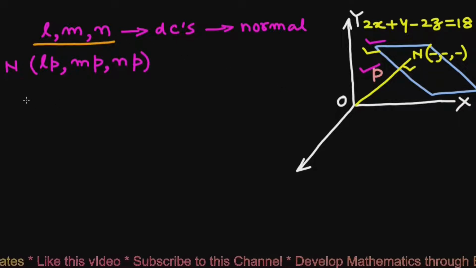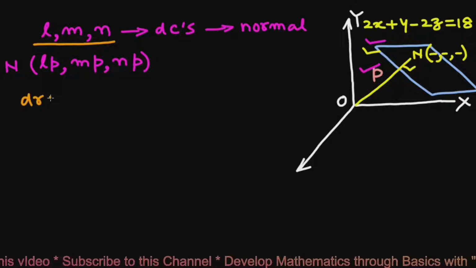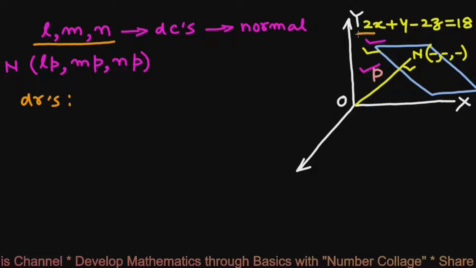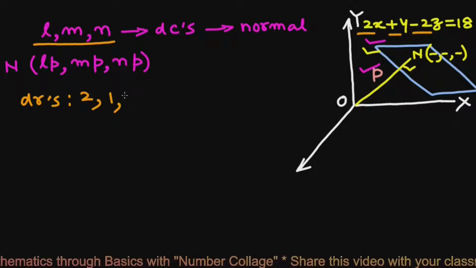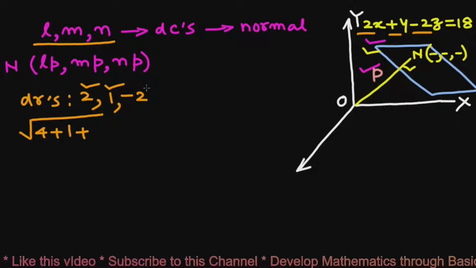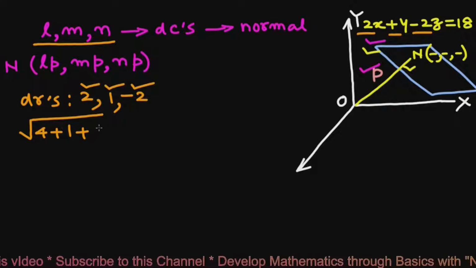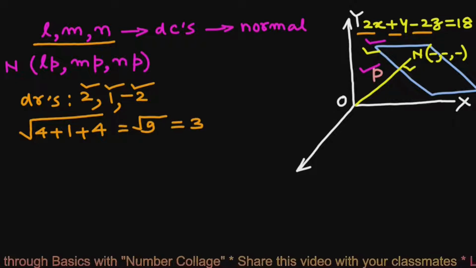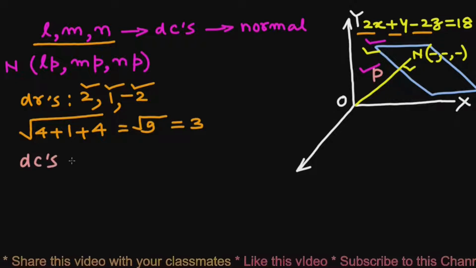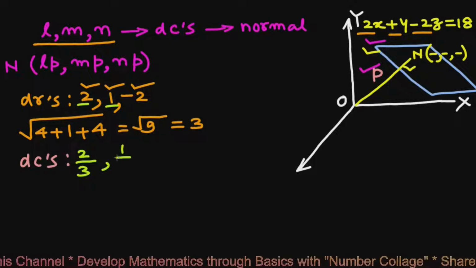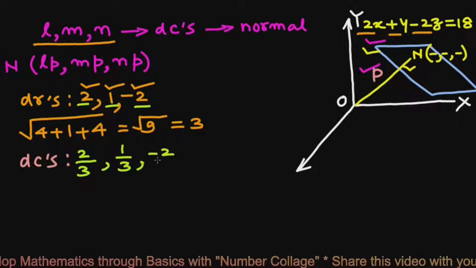Now first we will write the direction ratios of the normal from the equation of the plane, which will be 2, 1, minus 2. Square root of 2 square plus 1 square plus minus 2 square will be square root of 9, that is 3. So the DCs of the normal will be 2 upon 3, 1 upon 3 and minus 2 upon 3.